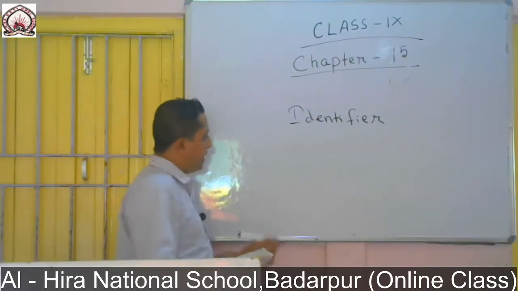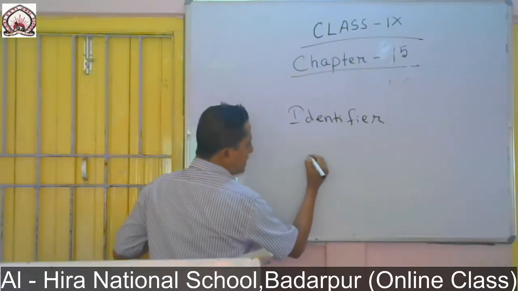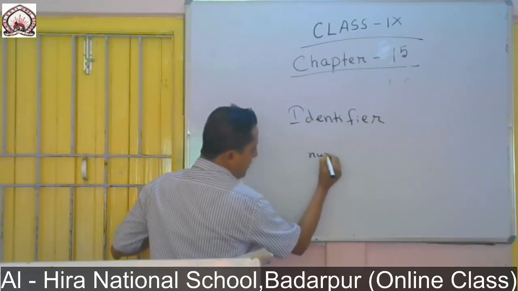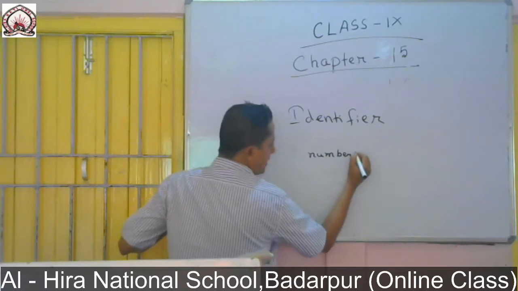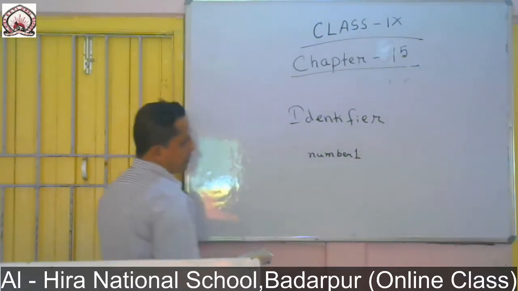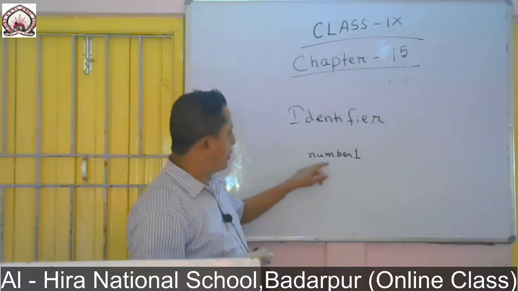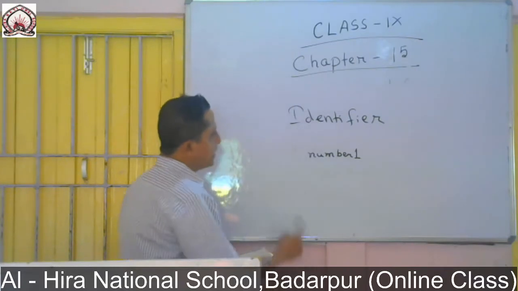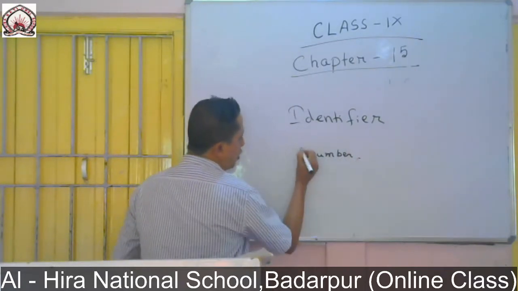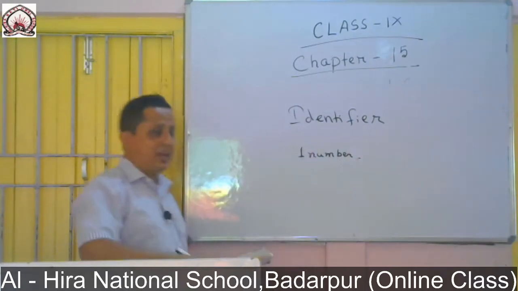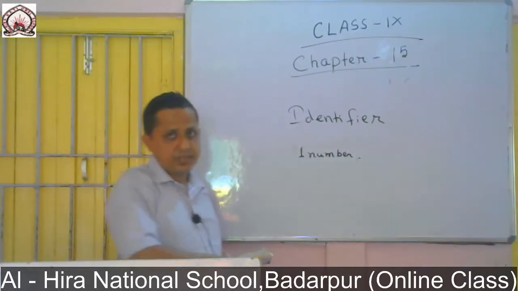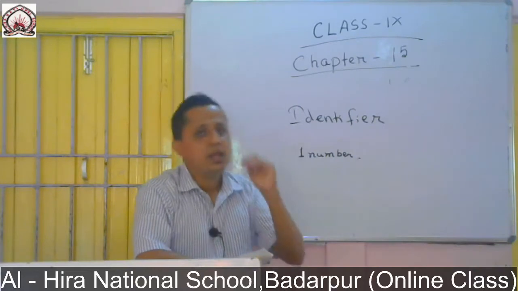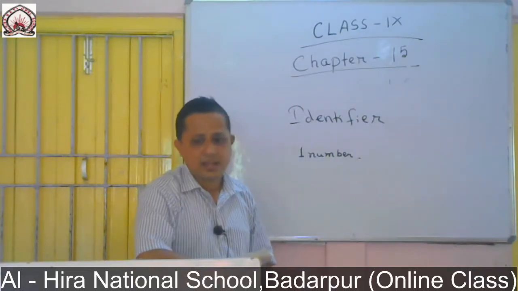For example, suppose I want to name an identifier "number", it is valid. "number1" is also valid because the first is a letter followed by letters and numbers. But if I give it like "1number", it is invalid because it should not begin with a digit. It can begin with a letter or underscore sign.